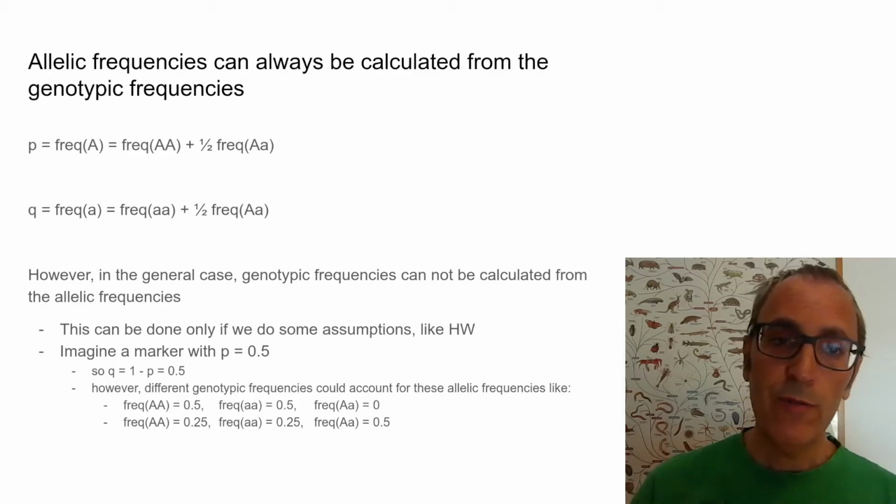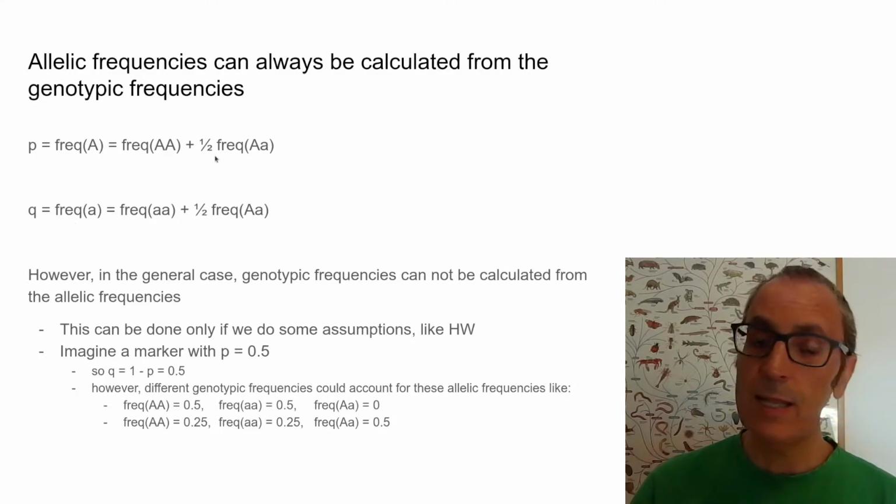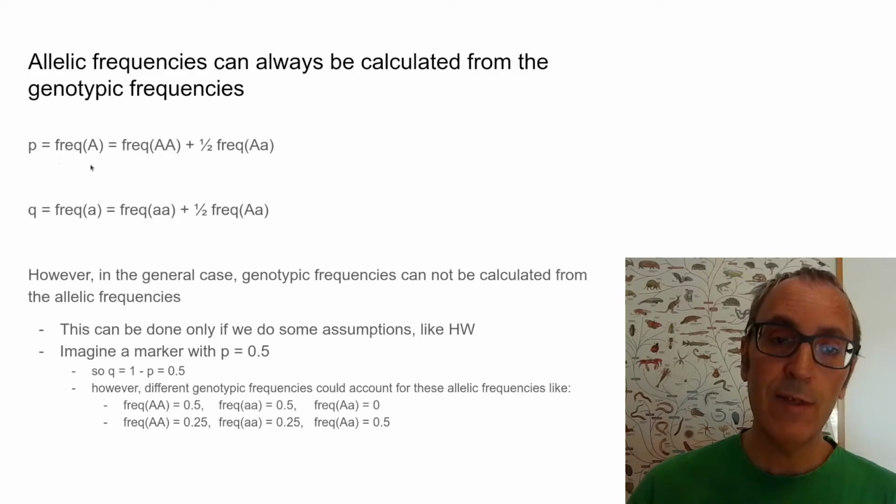However, going from the allelic frequencies to the genotypic frequencies, that is not trivial. Okay, in fact, in the general situation, in a general population, we cannot calculate the genotypic frequencies if we only have the allelic frequencies. That is not possible.